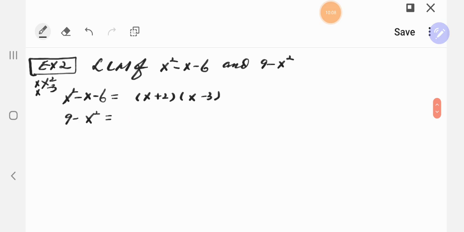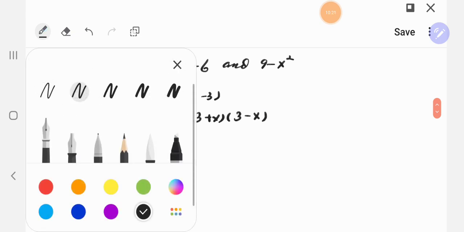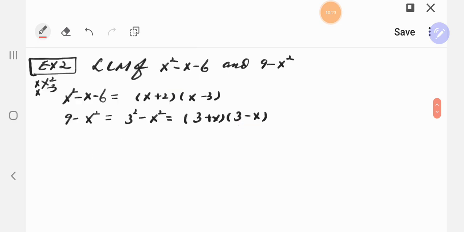Okay, the second polynomial is 3 squared minus x squared, a difference of squares. So this is equal to 3 plus x and 3 minus x. But as you see, we have x minus 3 and 3 minus x. x and 3 are interchanged, so why don't we interchange 3 and x and put the negative sign in front?